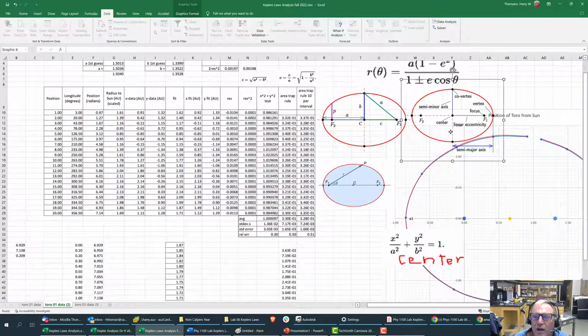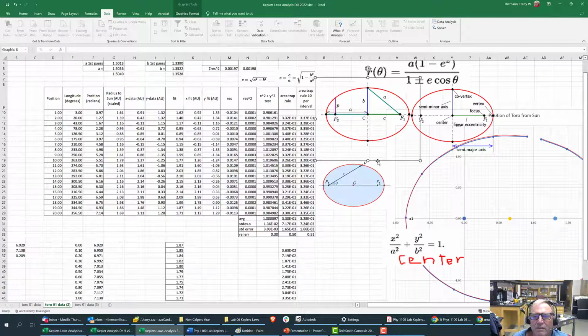So we have the definitions here of what's called the semi-major and semi-minor axis. So the semi-major A is from the extreme out here to the center, and the semi-minor B is up here.